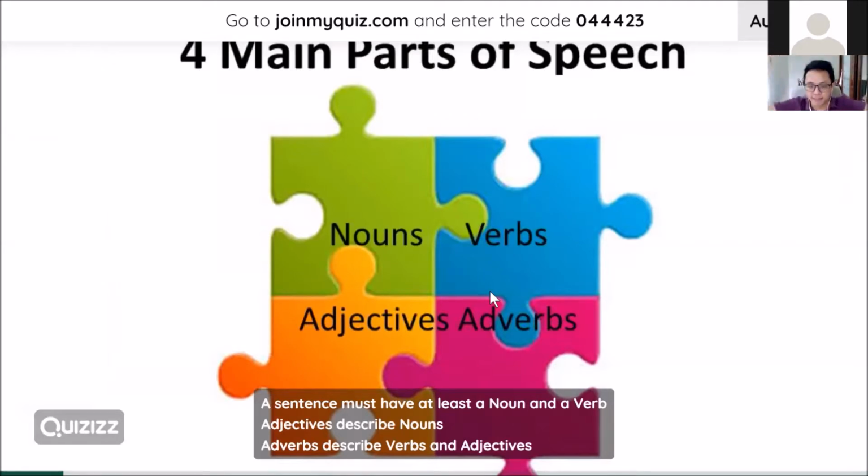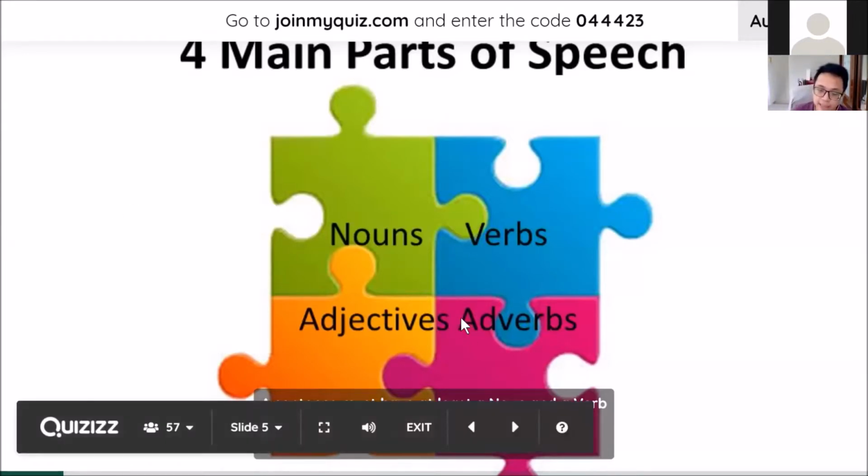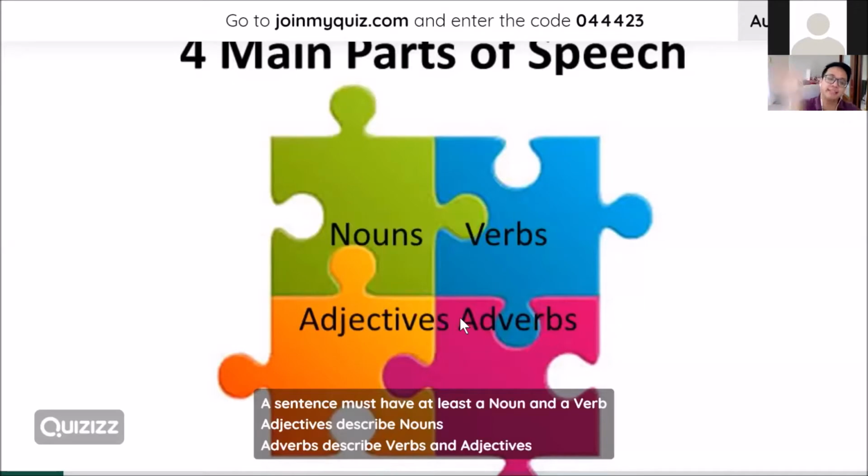The basic building block of a sentence is a noun and a verb. 最基本最基础的是一个名词一个动词。For example, I run, he swims, they talk. So the most basic components of a sentence are a noun and a verb. 最基本的是一定要有名词，一定要有动词。Adjective and adverb are extras, added afterwards to describe.